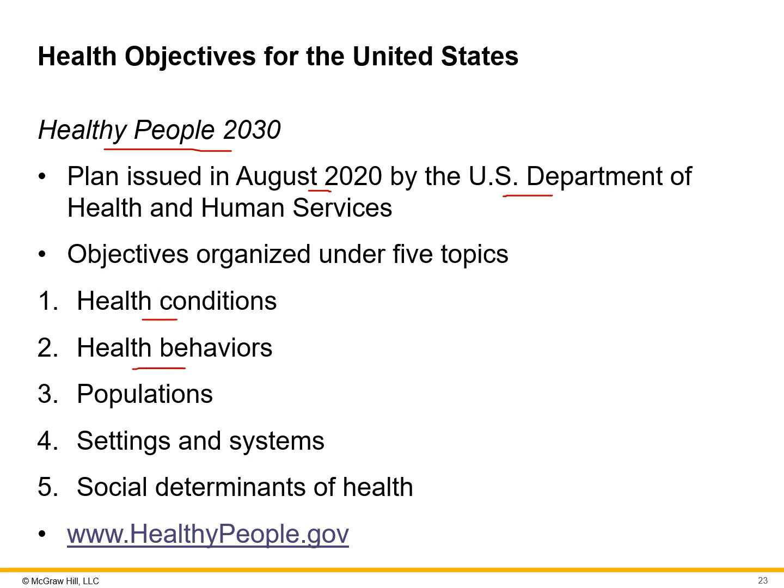Also health behaviors, so the way that we think about it and act about our health. Looking at different populations, thinking about food availability or economics. Looking at settings and systems, and then as well as social determinants of health. You can go to this website and learn all about this plan that was set out in 2020.